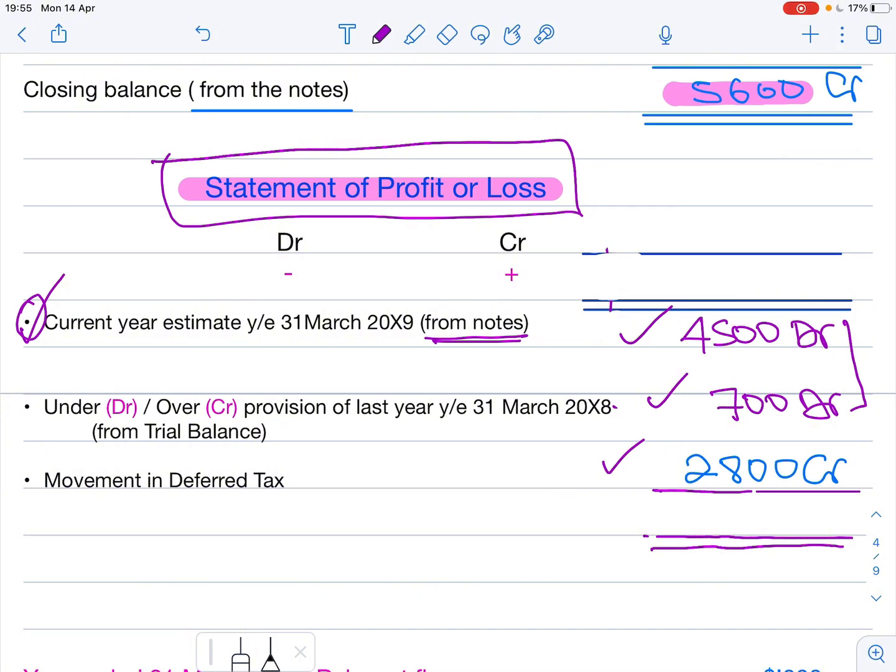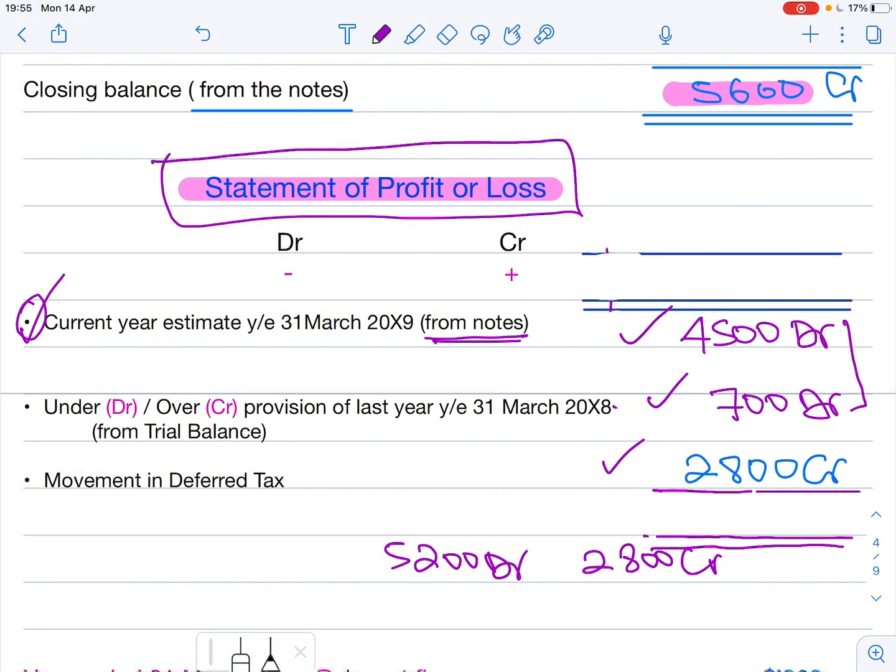If you put the 2 debits together, that comes to 5,200 debits. So 5,200 debits will swallow 2,800 credits. It's like saying net of 5,200 debits and 2,800 credits. So what you have is going to be a debit balance.